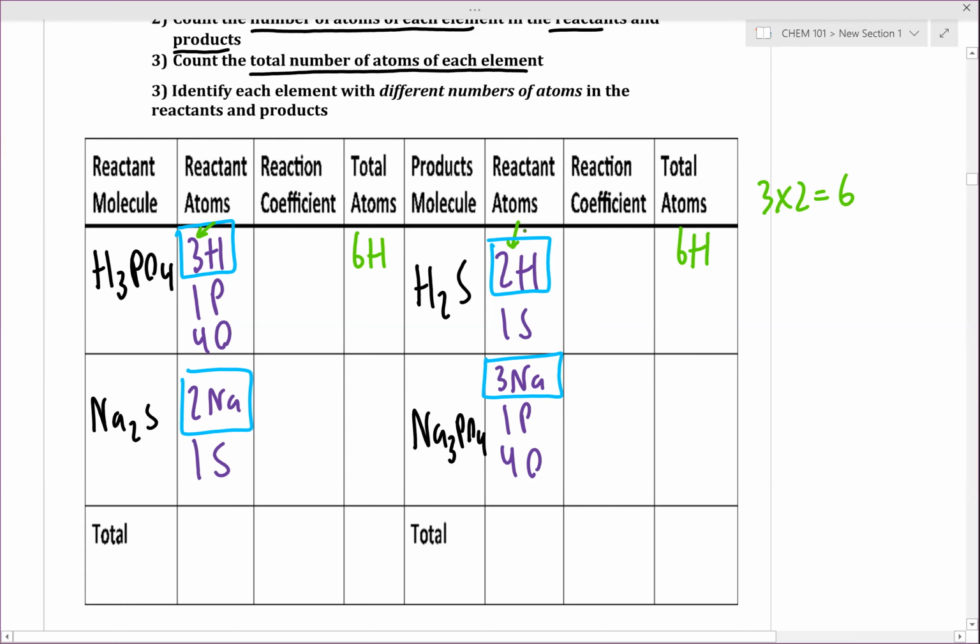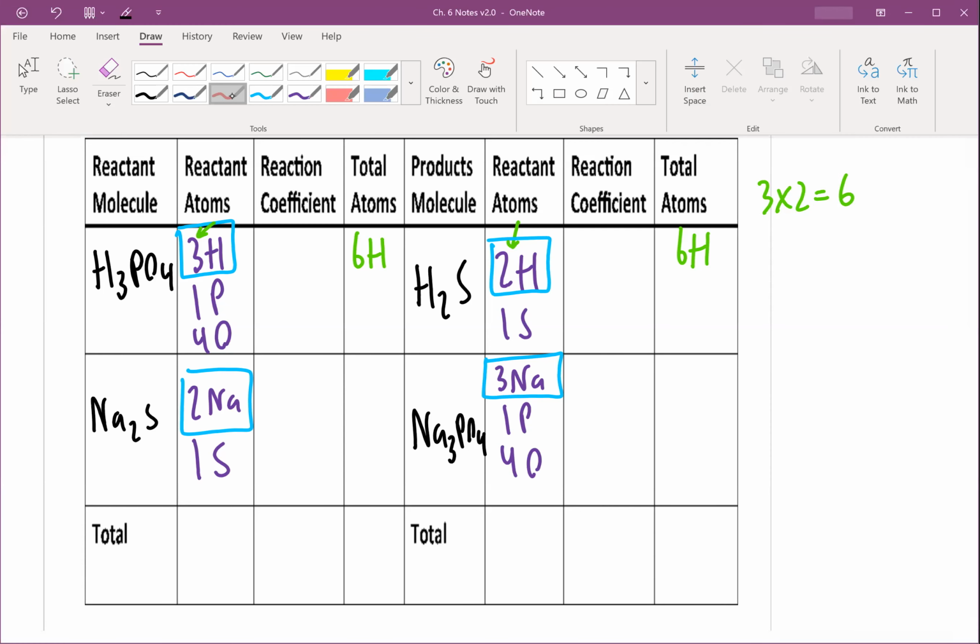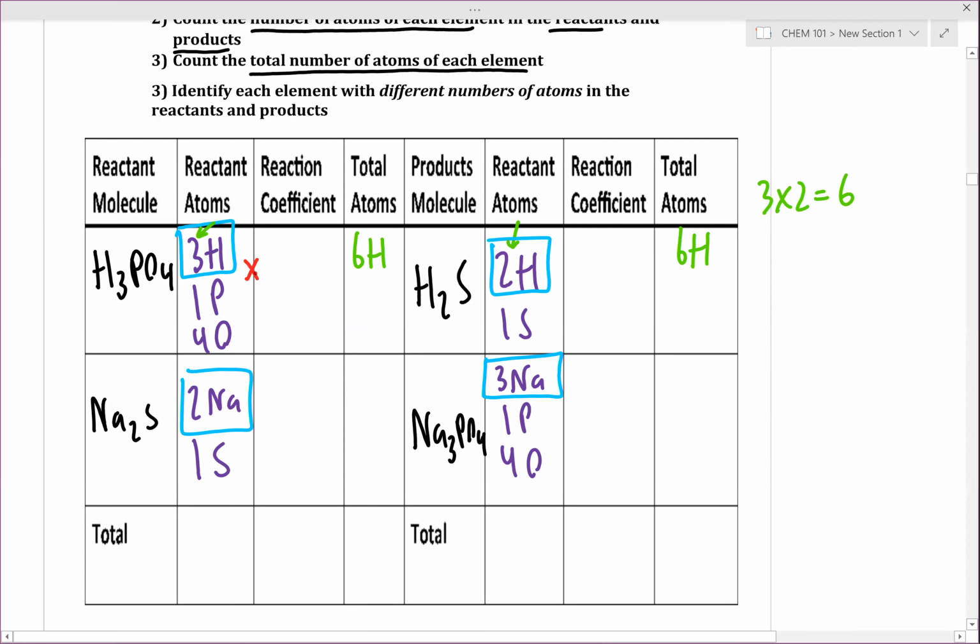Okay. So then, now that we have this idea established, let's guess a coefficient. So what times 3 would give us 6? 2. So we're going to guess a coefficient of 2. That in turn means we have 2 phosphoruses and how many oxygens? What's 4 times 2? 8.